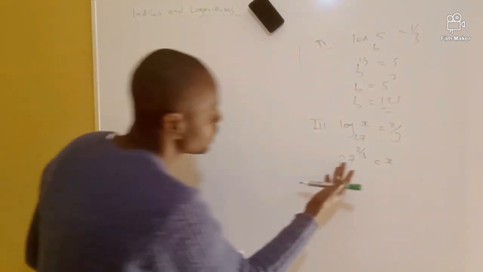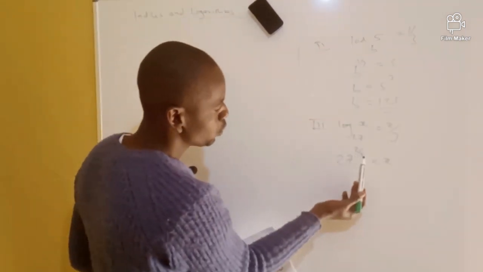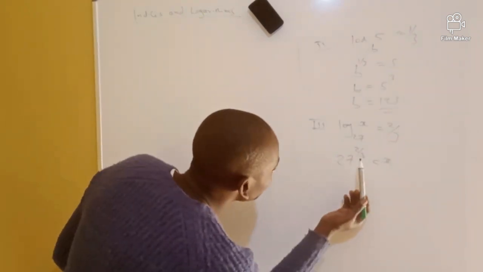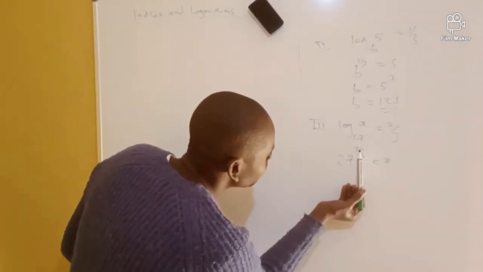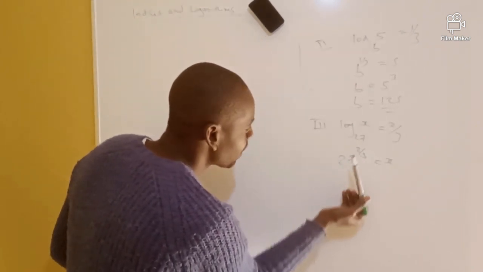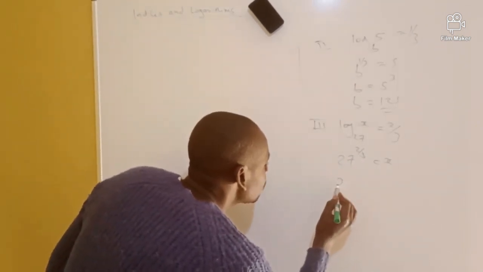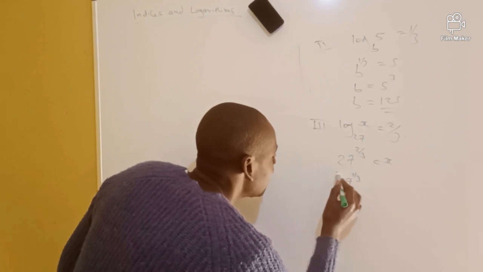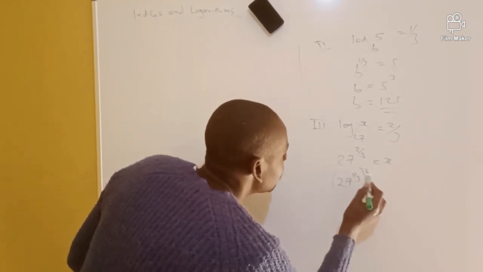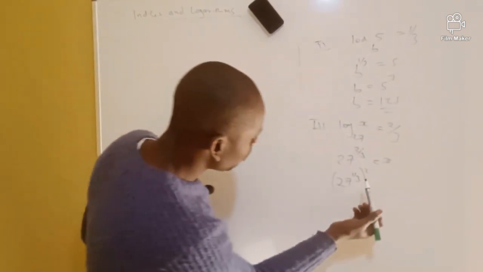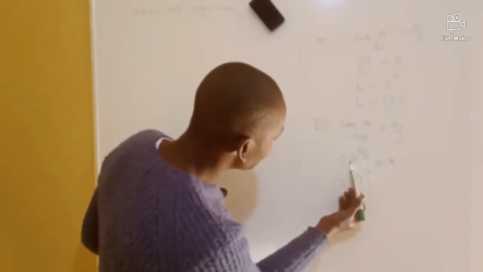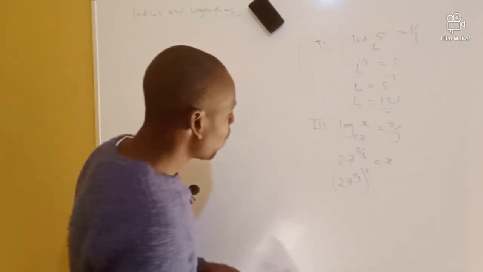If you have 27 raised to 2 over 3, that means we can take a third outside, because this is an index which is a fraction. So I can write it as 27 raised to a third, all raised to 2, so that when you open up the bracket, you have 27 raised to 2 over 3. Why am I doing that?